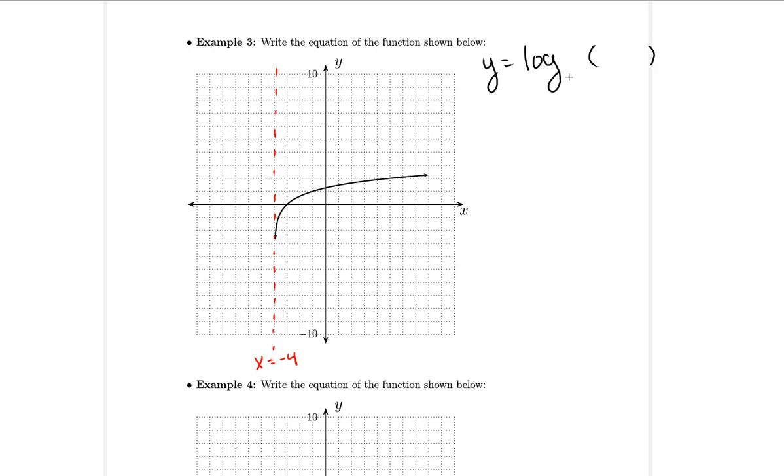I haven't thought about what the base is yet, but I do know that because my asymptote is 4 to the left of where it normally is, in here I put x plus 4. That gets me shifted over. Okay, but now we need to figure out what the base should be.